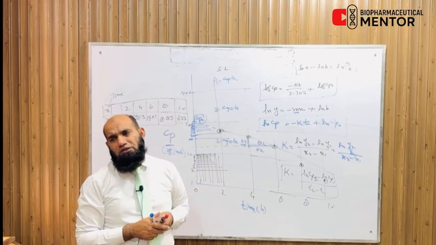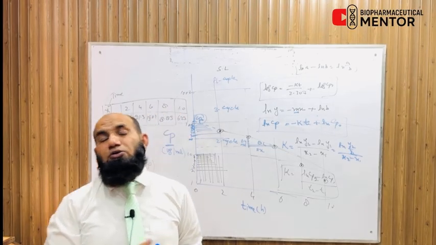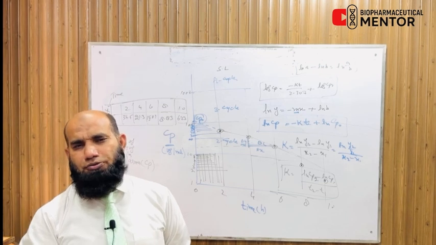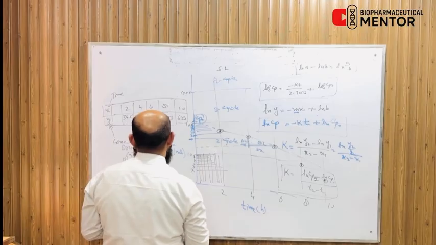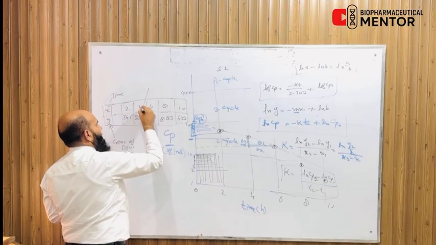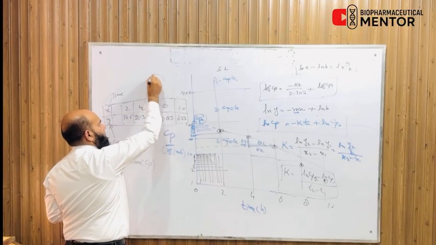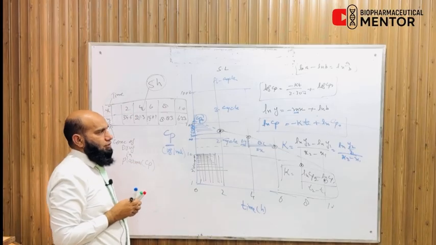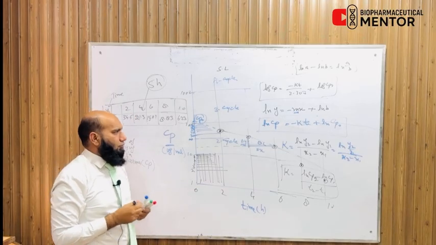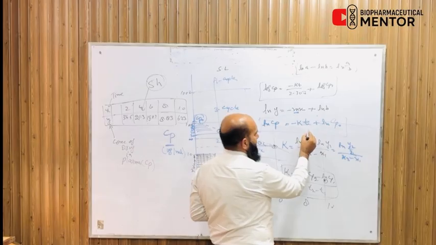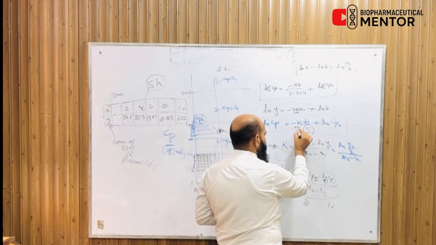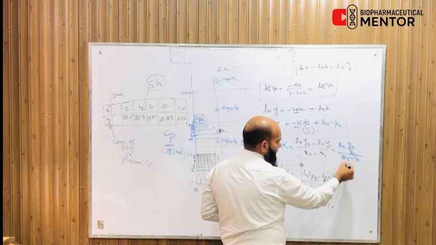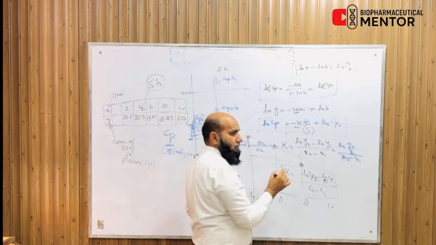Now our concern is, how can we calculate the unknown concentration? This is very important. By taking the unknown concentration, we have a table. Now we want to calculate the value at 5 hours. How is it possible? We write here t is equal to 5. First of all we will calculate K by using this. We will get the answer in negative.